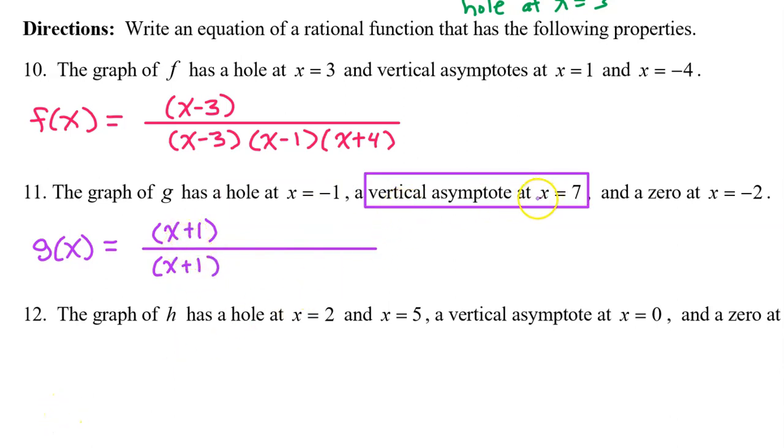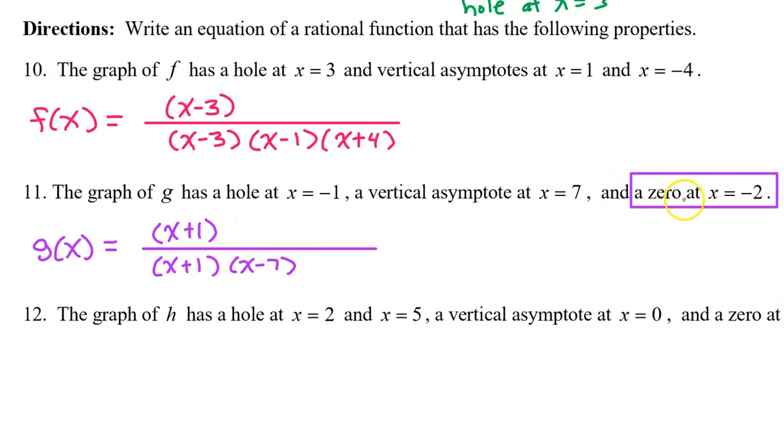The vertical asymptote at x equals 7 means a factor of x minus 7 in the denominator that does not cancel out with anything. The zeros of a rational function come from factors in the numerator that don't get canceled out. So we need an x plus 2 in the numerator that cancels out with nothing.